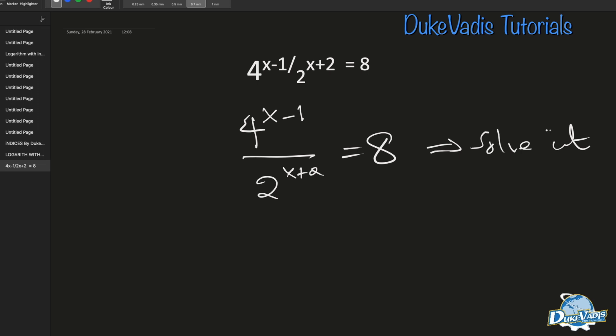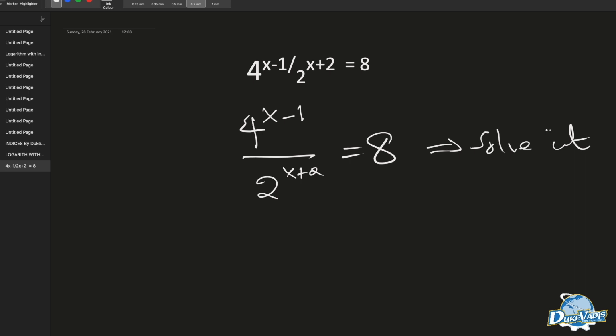Alright, if we handle this question, what we are going to do is start by trying to remember some of the properties or principles of indices. Let's see how we can break this equation down.